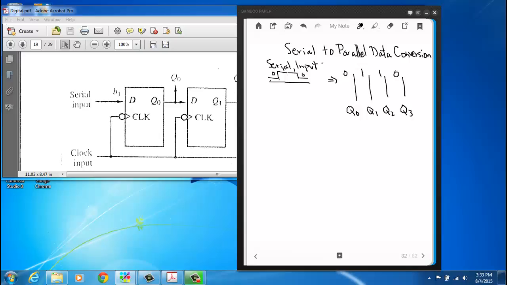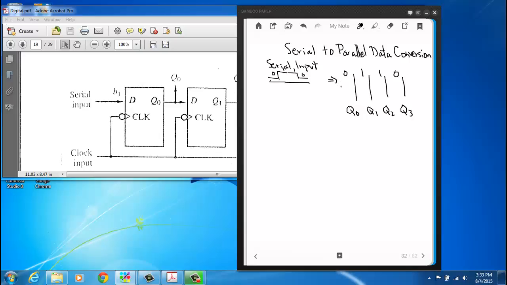So just by loading a shift register, you're going from serial data, which is data displaced in time, to parallel data, which is data displaced in position, where the bits have their own wire. Serial, there's just one wire for all the multiple bits because they're displaced in time.